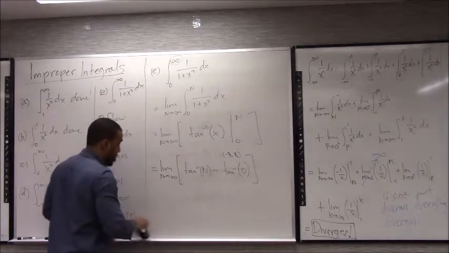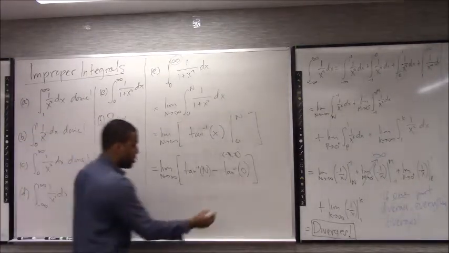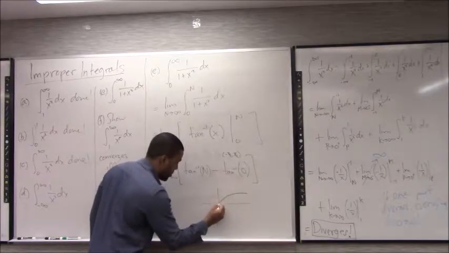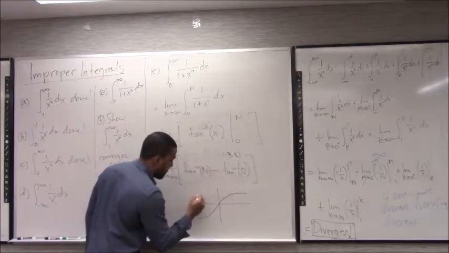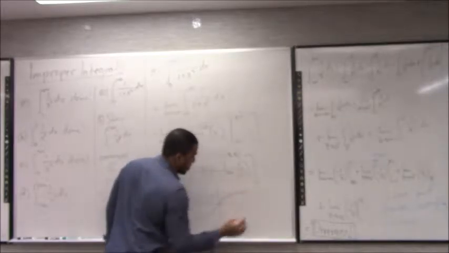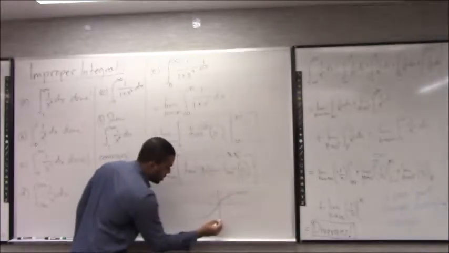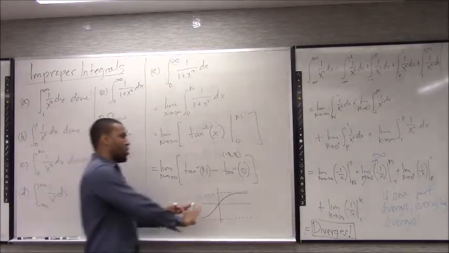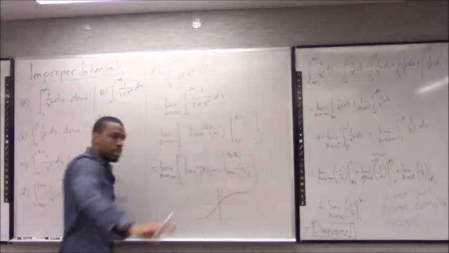You can also remember, and this is another important thing to remember in general, that the tan inverse graph looks like that. In terms of inverse trig functions, the tan inverse graph is very commonly used in calculus because it is the only one that is continuous on the entire real line.